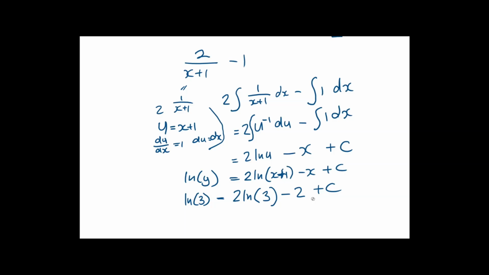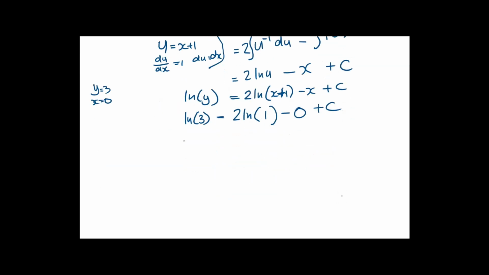I remember in the beginning, when y equals 3, x equals 0. So 0 plus 1, and 2 times minus 0 gives more zeros. Fantastic, because that tells me that the natural log of 3 is just a number.